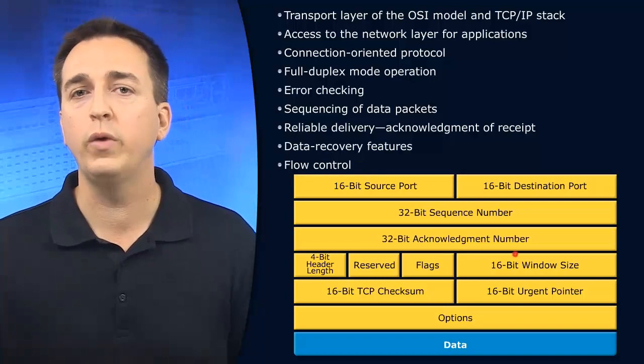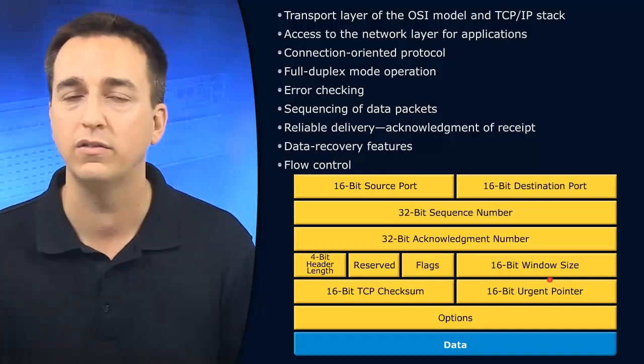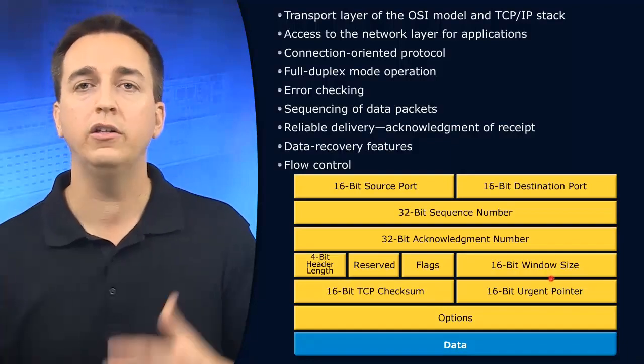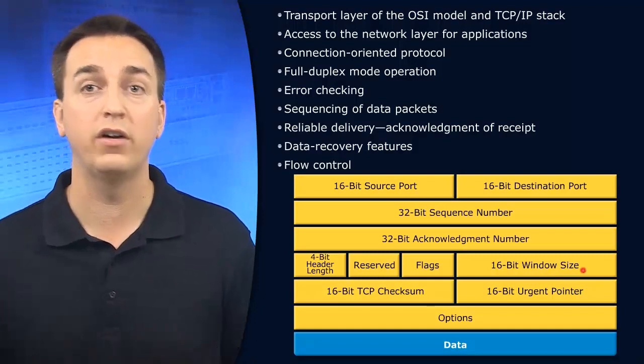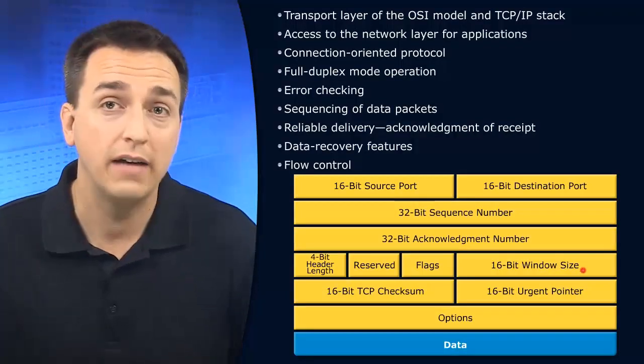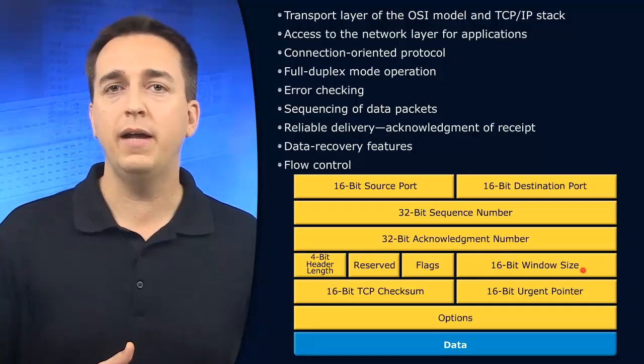And you'll notice here that the window size is 16-bit. So 2 to the power of 16 is 65,536. So our values are from 0 to 65,535. So the maximum window size is 65,535. That's what it is. And that was okay back in the day.